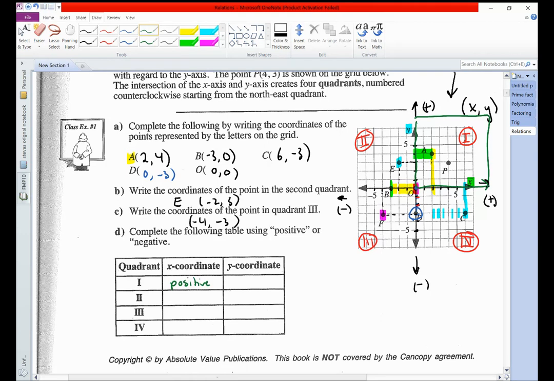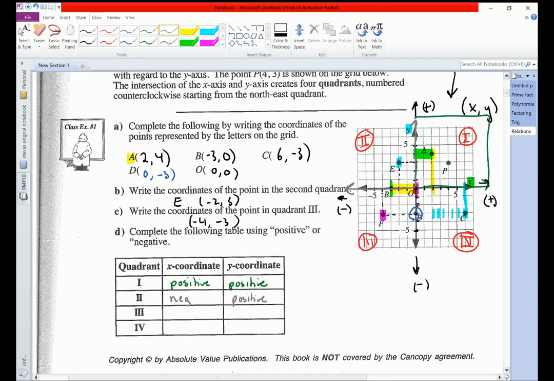And the y coordinates are also going up, so they are positive. Quadrant 2, our x coordinates are going downwards, so they are going negative. The y coordinates are still going upwards, so they stay positive.